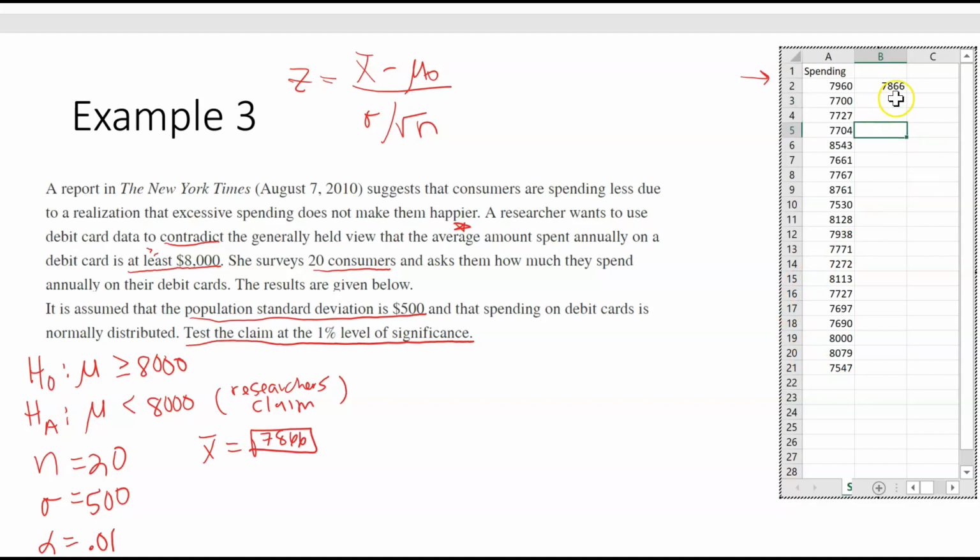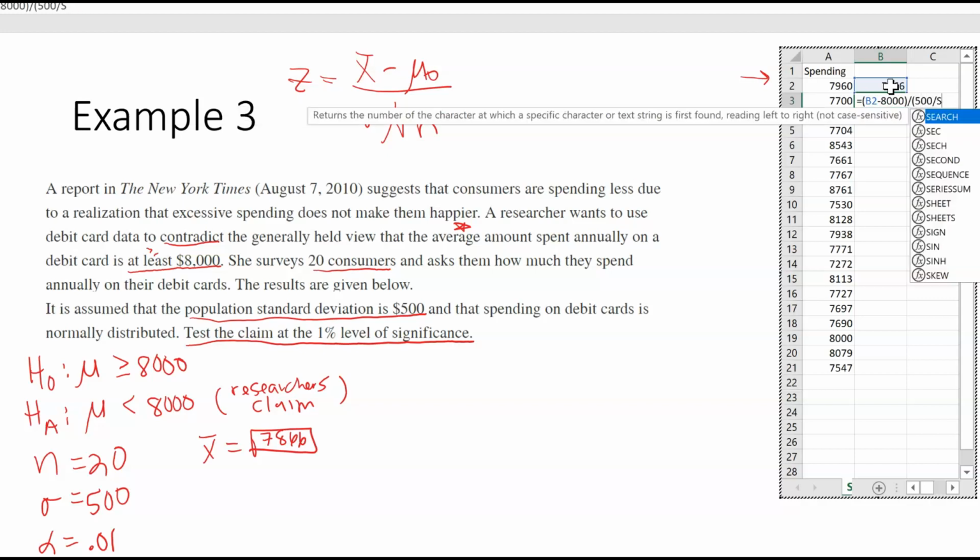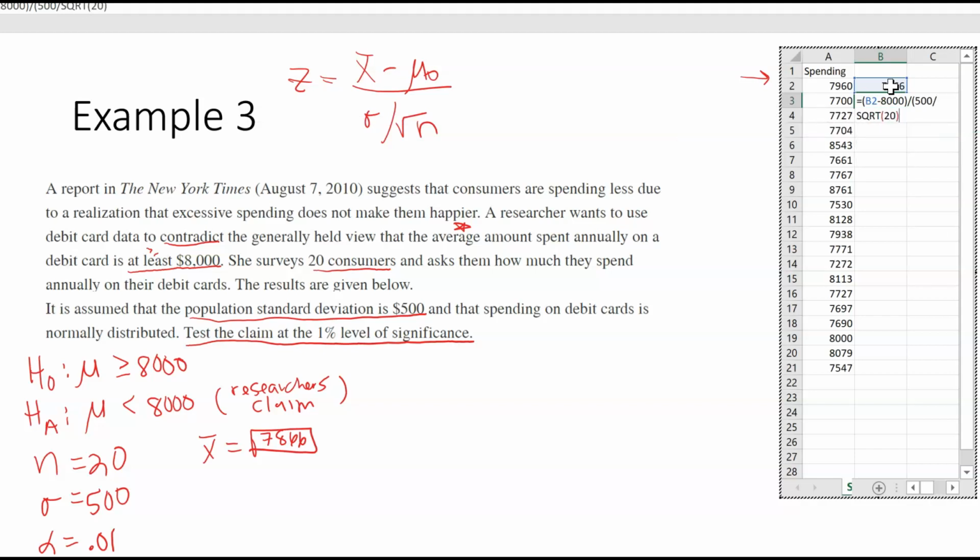So the test statistic would be, and I'm going to use a parenthesis for the numerator, the average minus 8,000 divided by parenthesis, the sigma 500 divided by the square root of n, which is 20. And I get the z-score, so the test statistic is z equals negative 1.2.